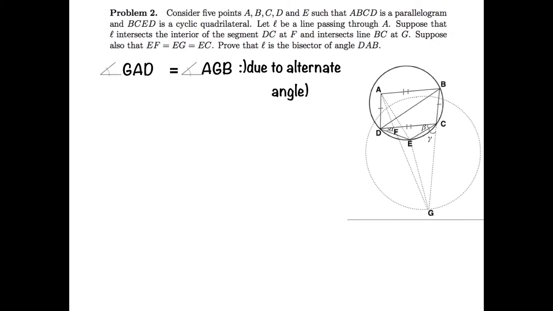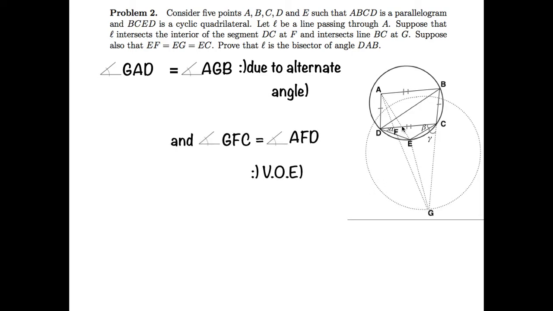Angle GAD is equal to angle AGB, this angle. So GAD angle must be equal to AGB angle, that is due to alternate angle, right?